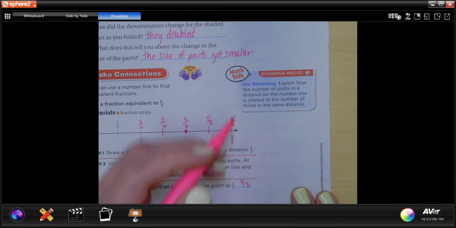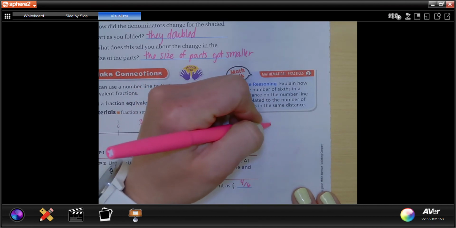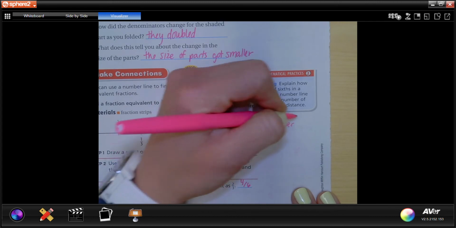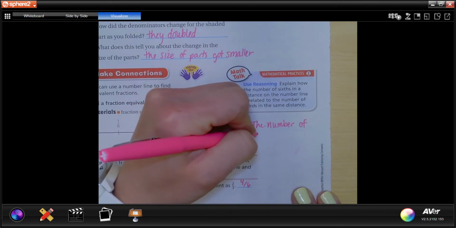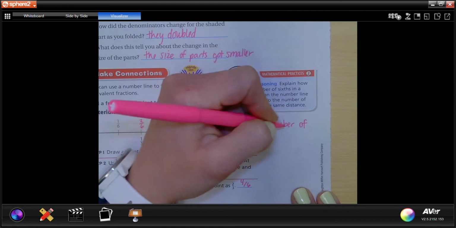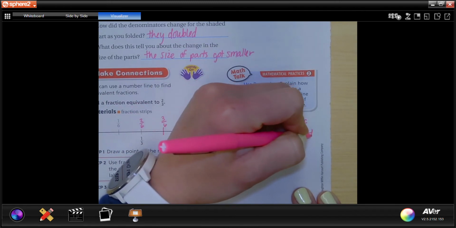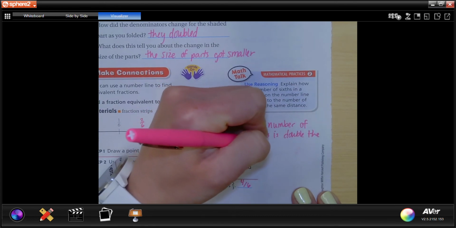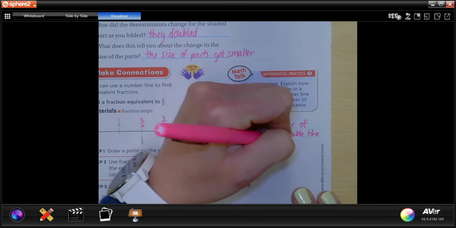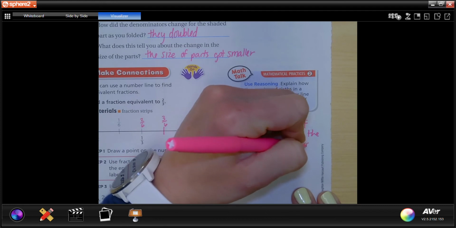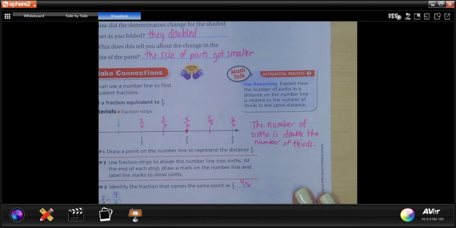So the number of sixths is double the number of thirds. You can pause if you need to finish writing.